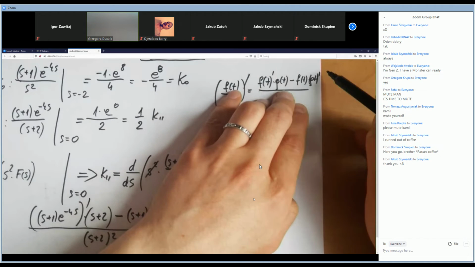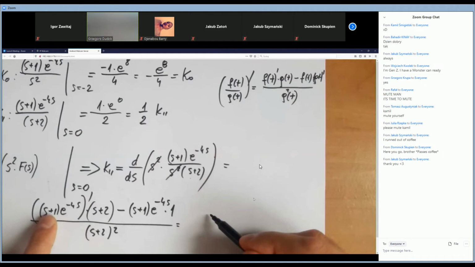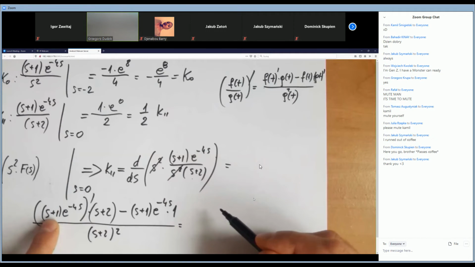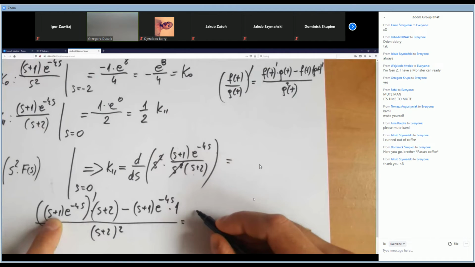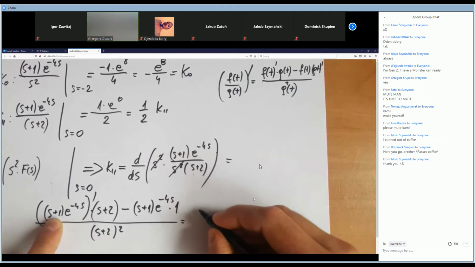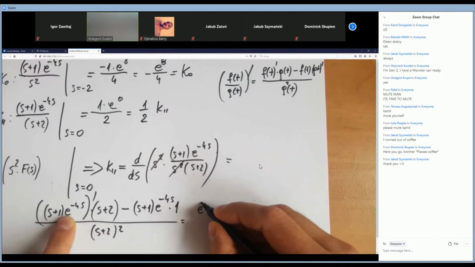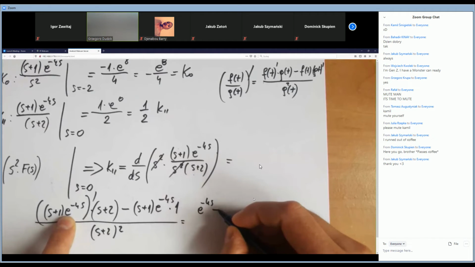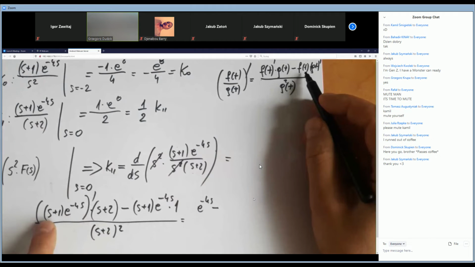As you see, for the first function in the bracket, s plus 1, the derivative is equal to 1. So it is 1 times the second function, e to minus 4s, minus, and here we've got the s plus 1.